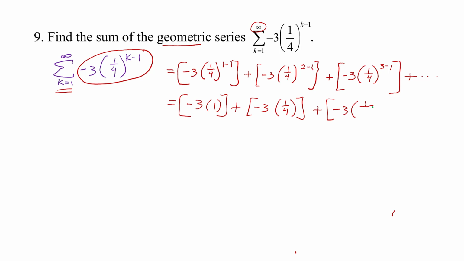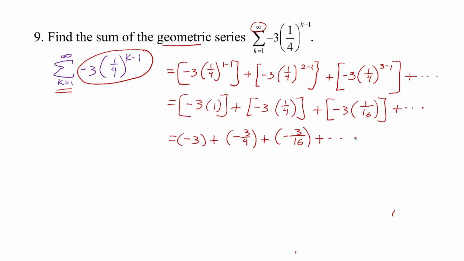That would be 1 over 16, and so forth. So we're going to have negative 3 plus a negative 3/4 plus a negative 3/16 plus, and so forth. So can you see what the common ratio is here?